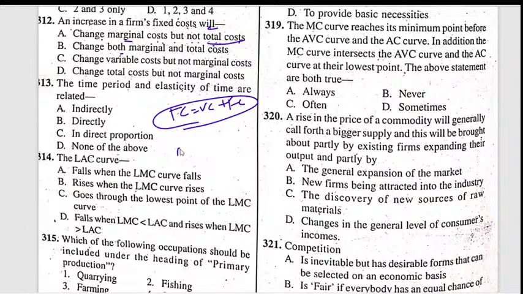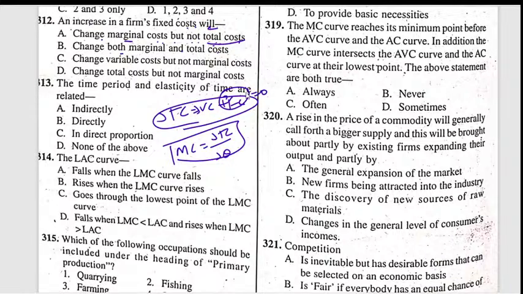What is marginal cost? Marginal cost is the rate of change of total cost with respect to quantity. So marginal cost will not change due to a change in fixed cost, because when you differentiate it, whatever is fixed becomes zero always.